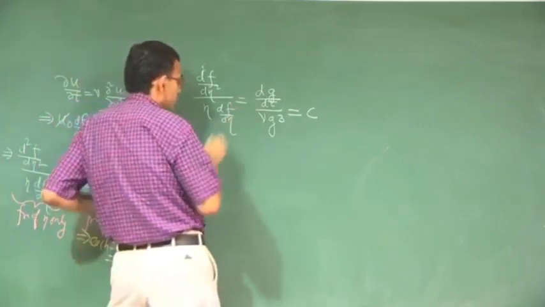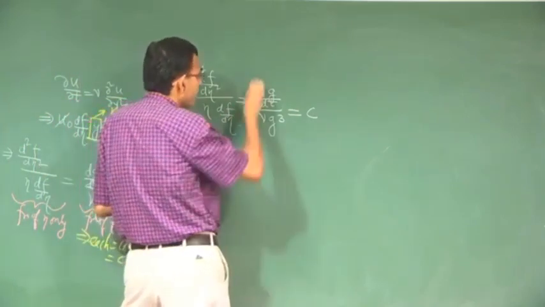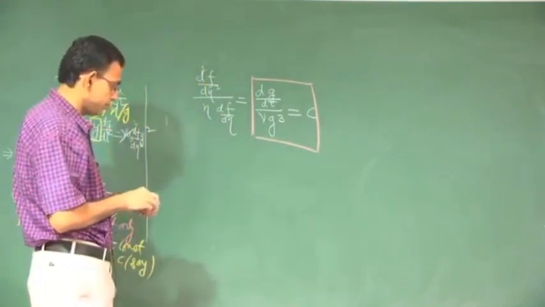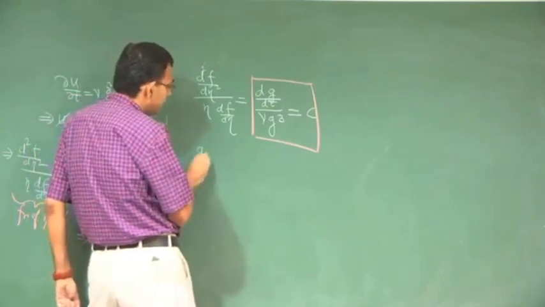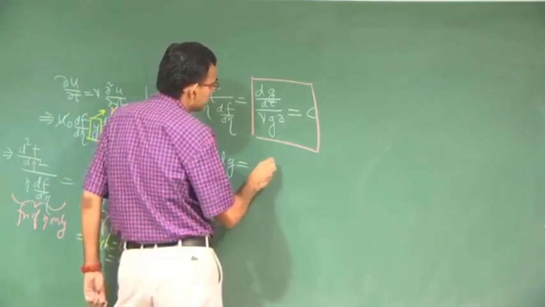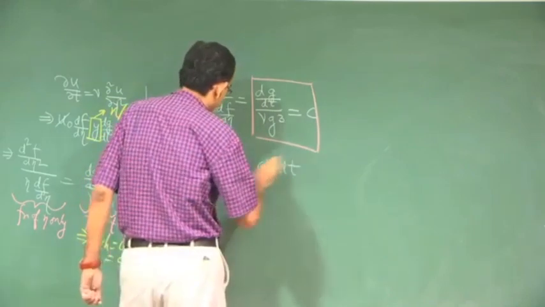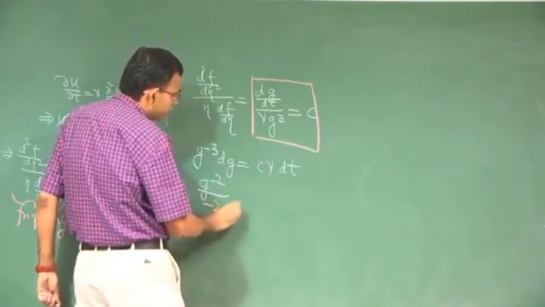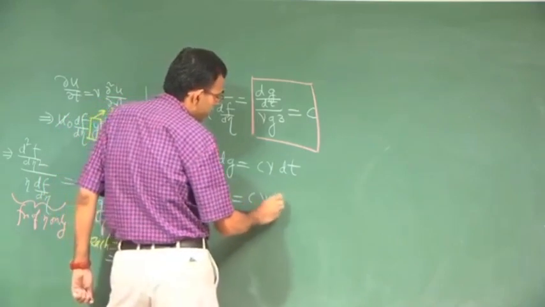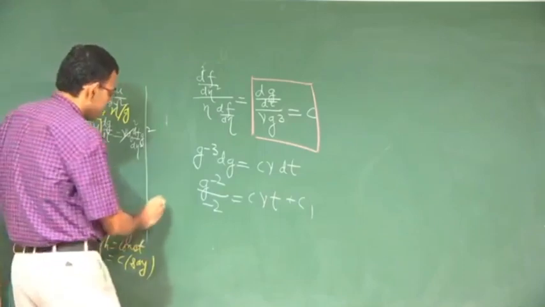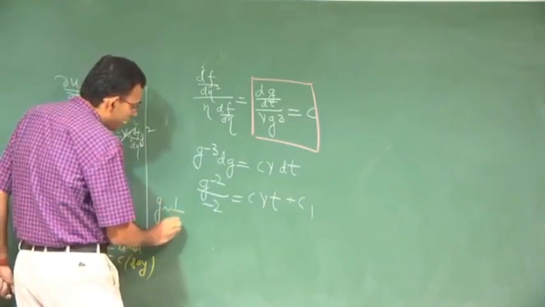So, let us take this part. You can write g to the power minus 3 dg, so g to the power minus 2 by minus 2 is equal to c nu t plus c1. Now, what is g? g scales with 1 by delta.